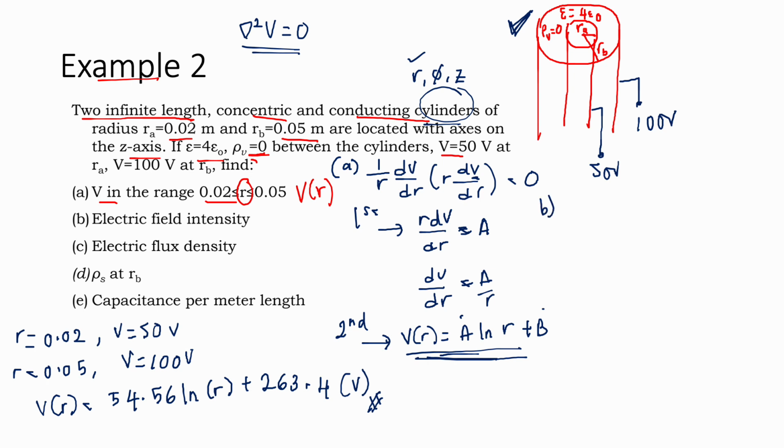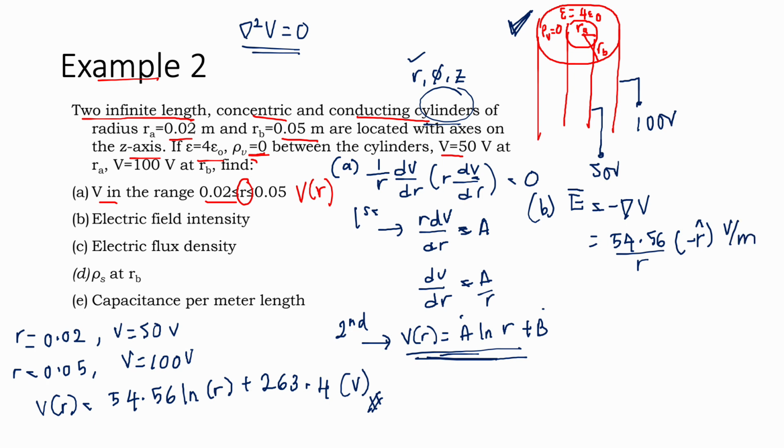For B, in order to determine the E, you need to do E is equal to negative gradient of V. So you should obtain the value equal to 54.56 divided by R in the negative R direction, volt per meter.